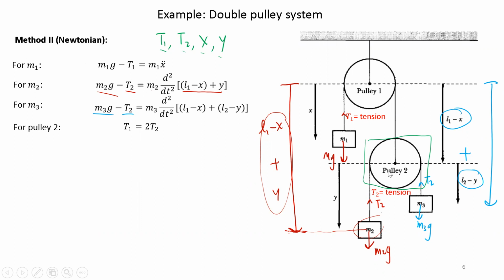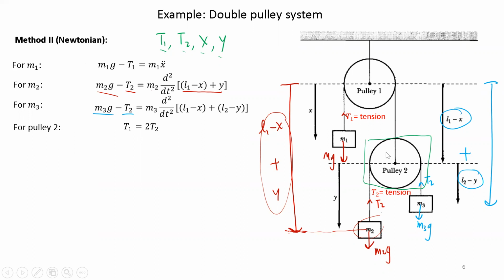If we apply F equals MA for this pulley 2, if you accept that the mass is 0, then m times a is 0. So although it's accelerating, the m times a for this pulley 2 is 0, and that means the net force acting on this pulley 2 has to be 0.